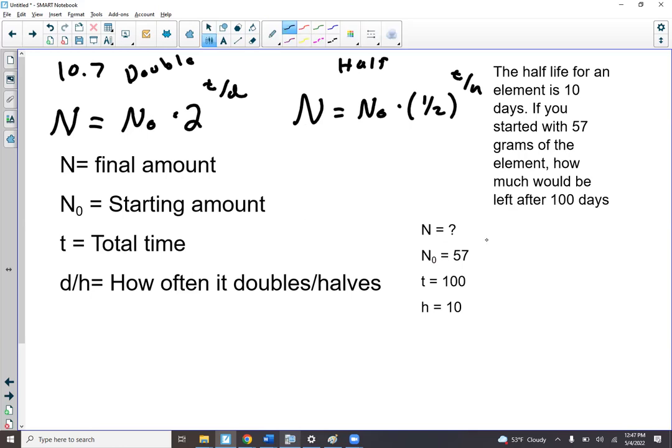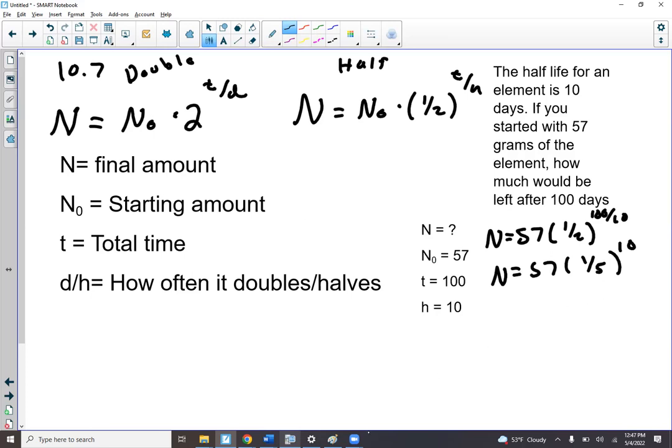So it's going to be 57 times 1/2 to the power of 100 over 10, which will be 10 after you simplify. So N equals 57 times 1/2 to the 10th power.